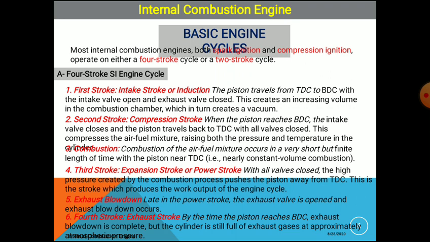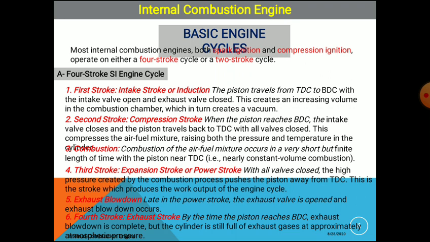So in the first stroke, the inlet valve is open, the outlet valve is closed, and the piston travels from top dead center to bottom dead center with the induction of air-fuel mixture. In the second stroke, the compression stroke, the intake valve is closed and the piston travels back to the top dead center, so it compresses the air-fuel mixture.